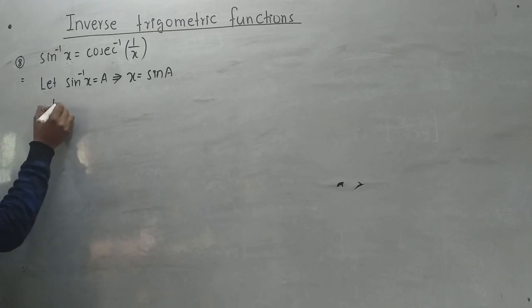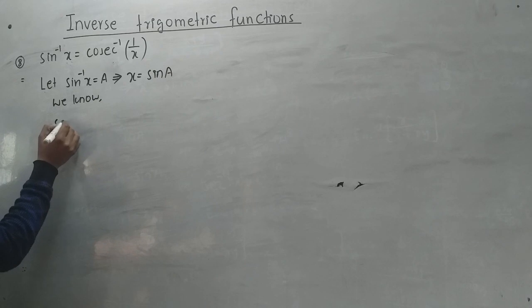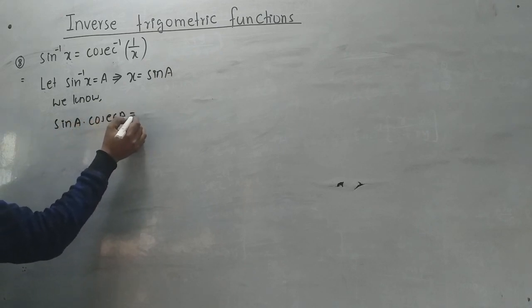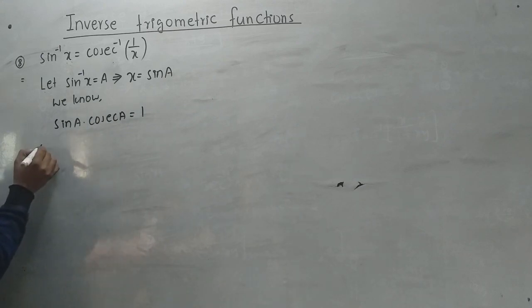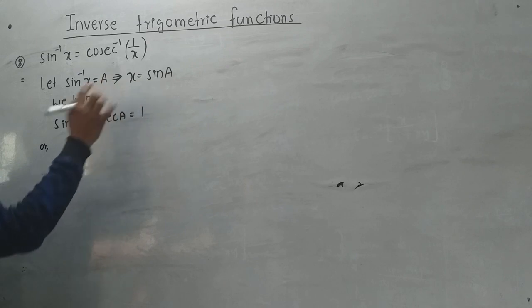We are well known with the formula from the previous classes that sin A times cosec A is 1, or for sin A you can replace that by x.